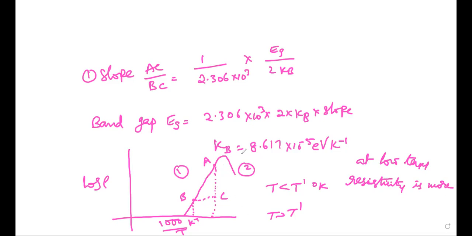So at low temperature resistivity is more and at high temperature resistivity is less. Using this formula, you can calculate the value easily by using the slope, BC by AC by BC, that is the slope.